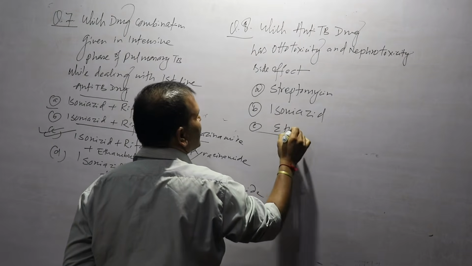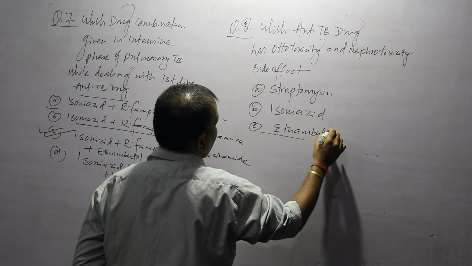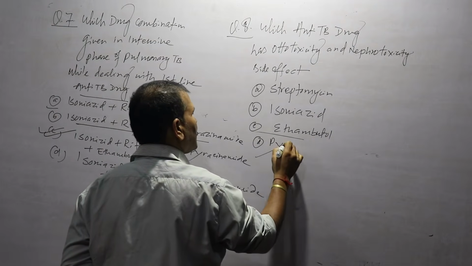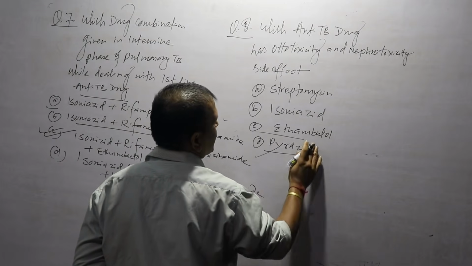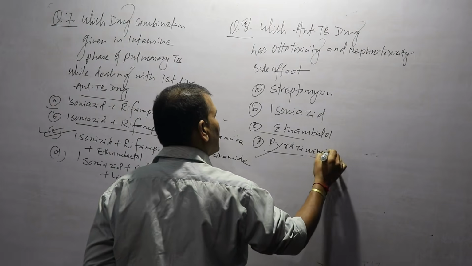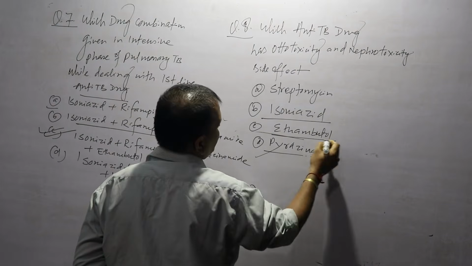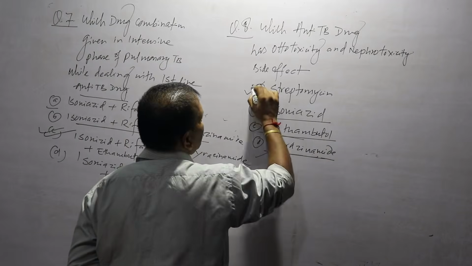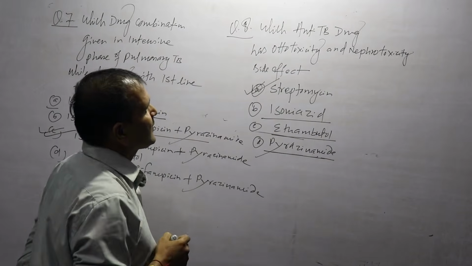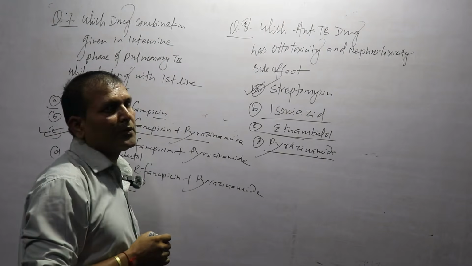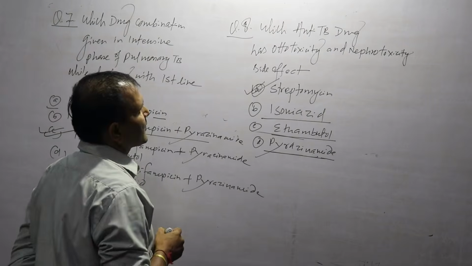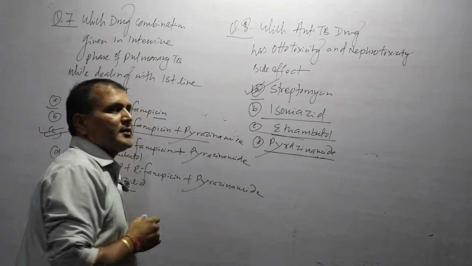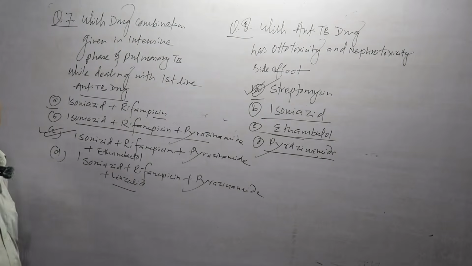C, ethambutol. D, pyrazinamide. We already discussed isoniazid, ethambutol, and pyrazinamide. So the only option given, streptomycin, is an aminoglycoside and has the effects of ototoxicity and nephrotoxicity. So we take streptomycin. Thank you very much. I hope you better understand the MCQs regarding TB.